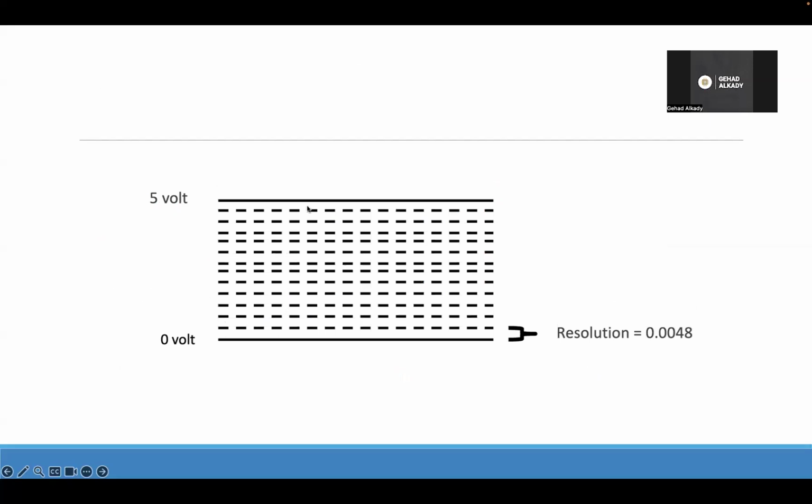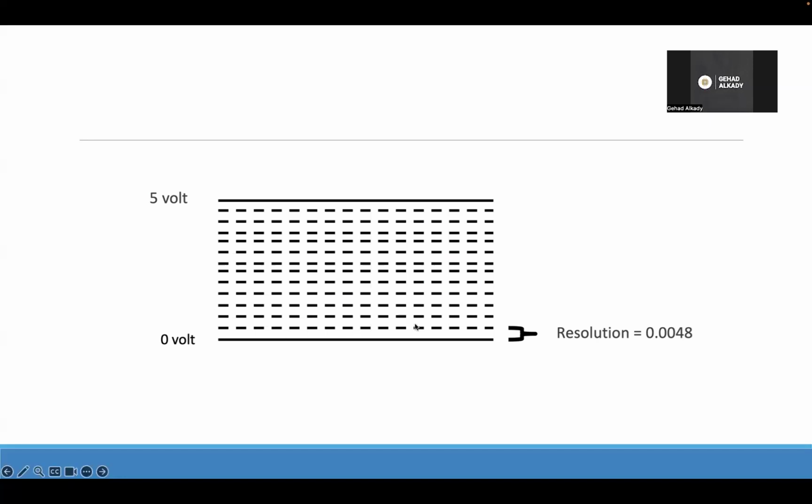So these levels of voltages range between 0 volt and 5 volt. 0 volt represents the VREF negative, which is the minimum value of voltage that our ADC operates on, and 5 volt represents the VREF positive of our ADC, which is the maximum value the ADC operates on.